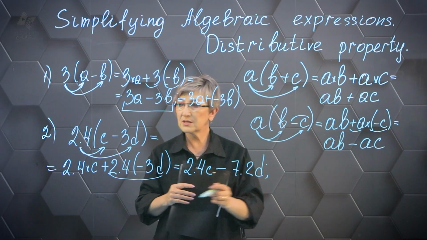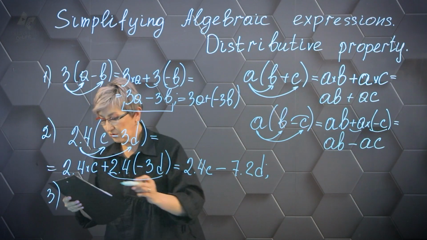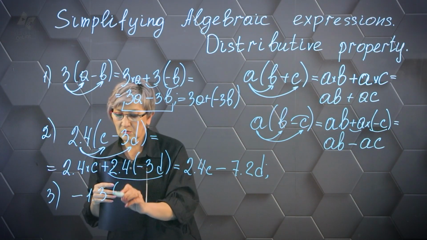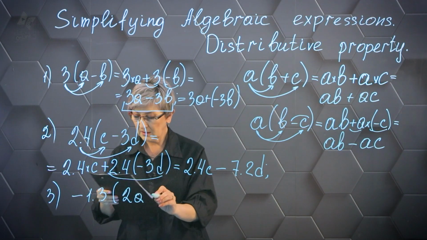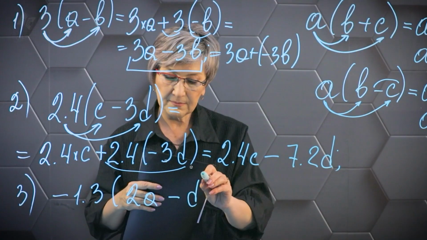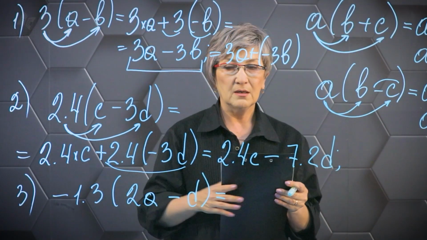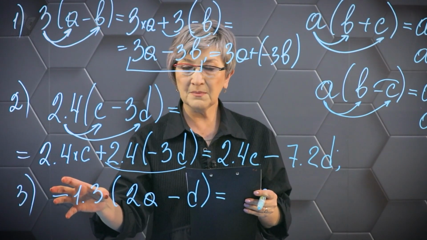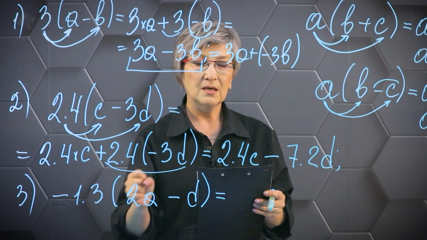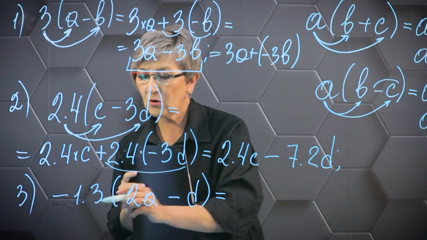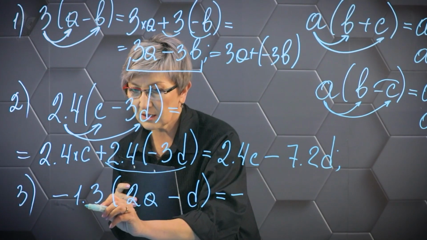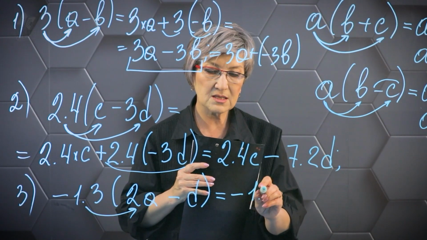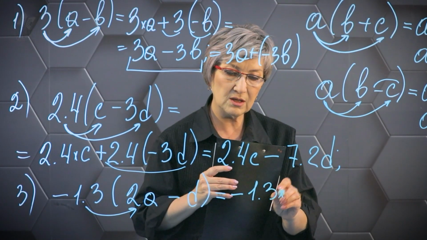And there's another example in which I'm going to write minus 1.3 times 2a minus d equals. Notice, the multiplier is minus 1.3. Applying our rule, I multiply minus 1.3 by 2a. Minus 1.3, I multiply by 2a.